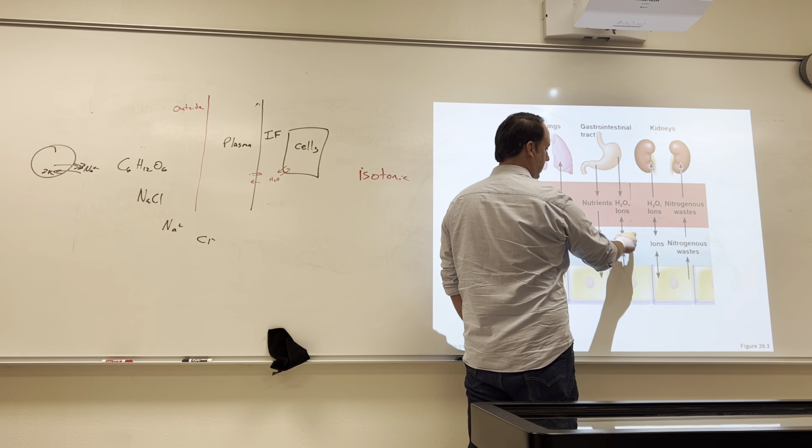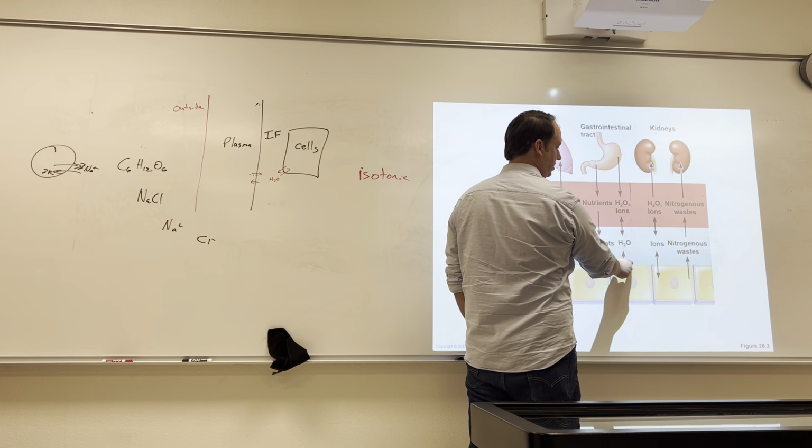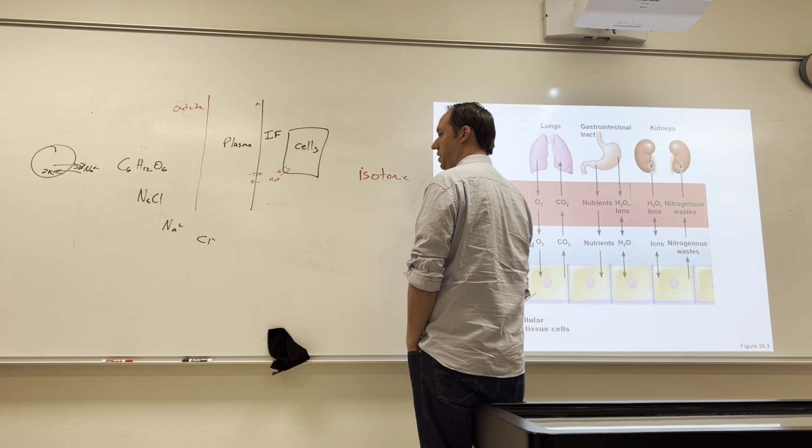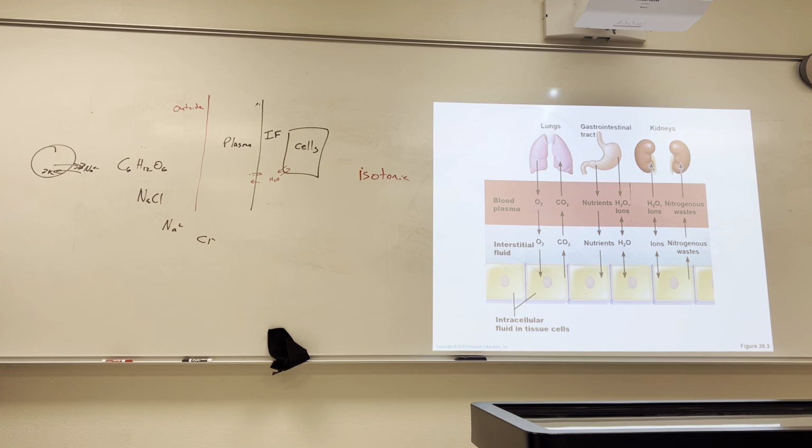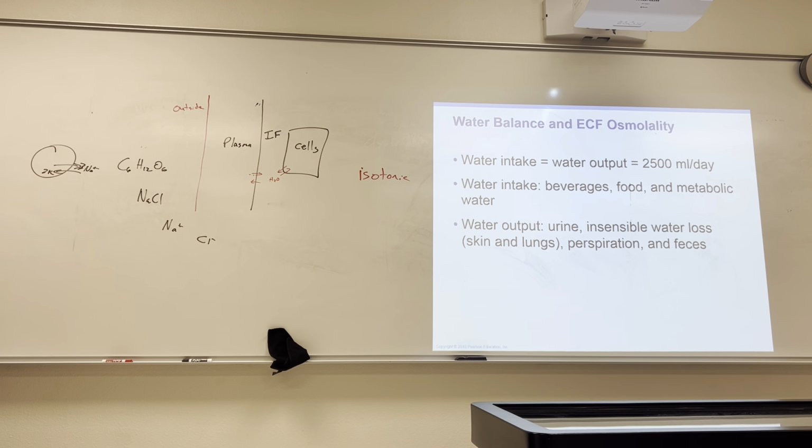But water, it's two-way movement, in and out. Your water intake equals your water output. Roughly 2,500 milliliters a day is what you're going to lose, and it's what you're going to bring in.